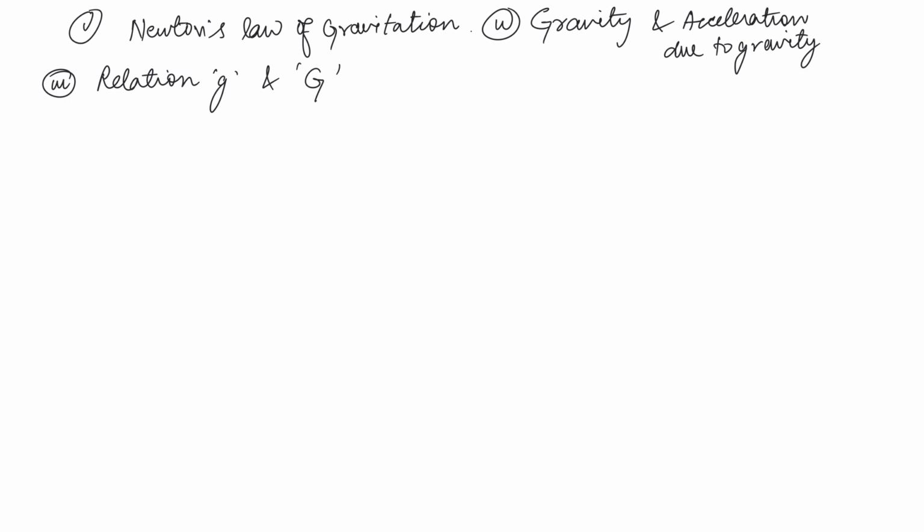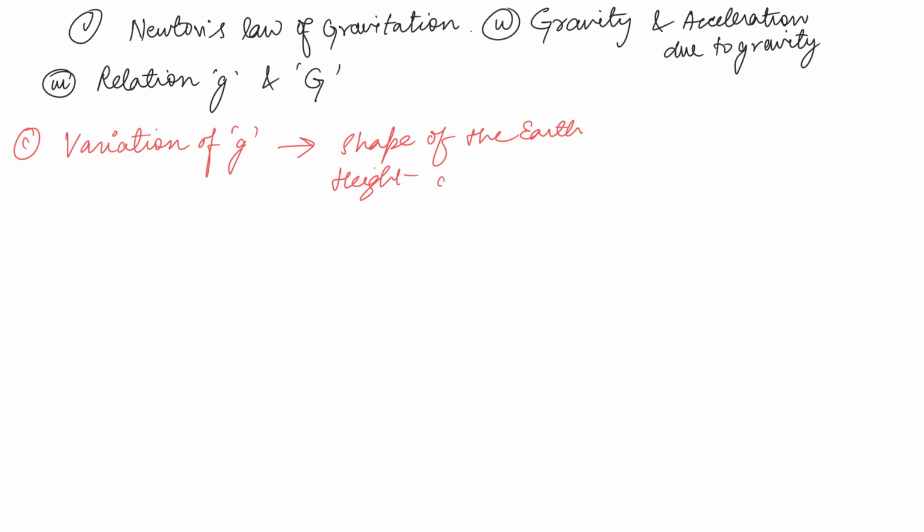In today's lecture, we will study the variation of g, which is acceleration due to gravity, variation of small g, due to shape of the earth, height above the earth, depth and rotation of the earth.